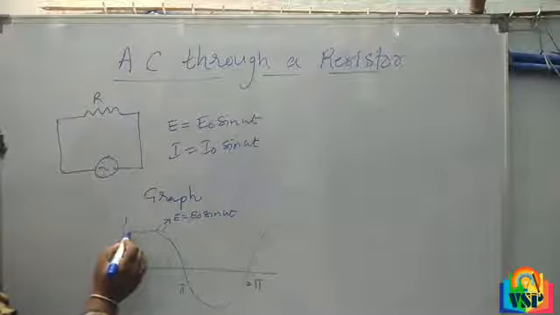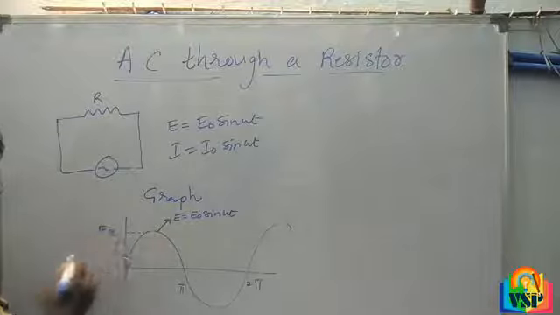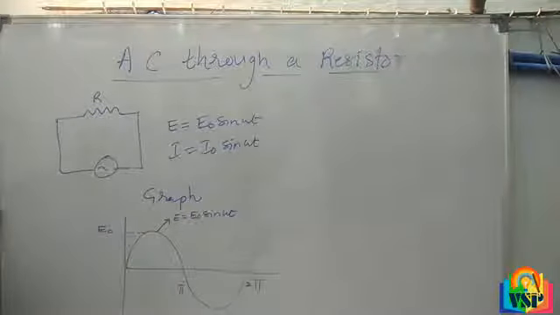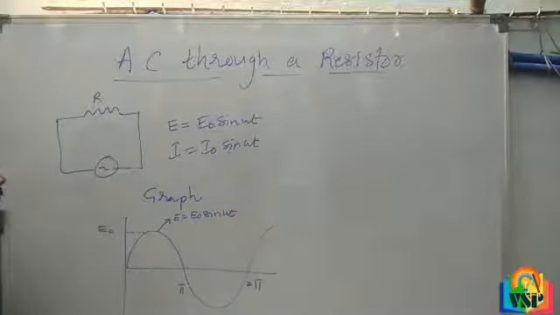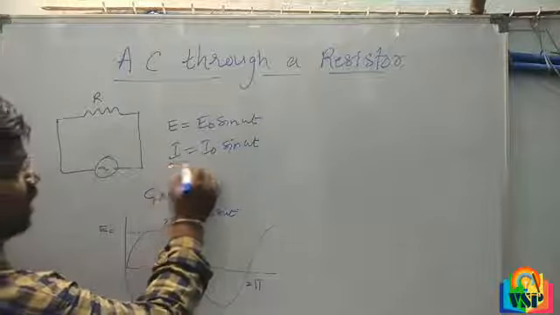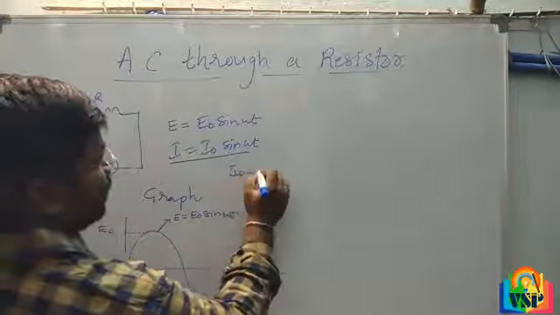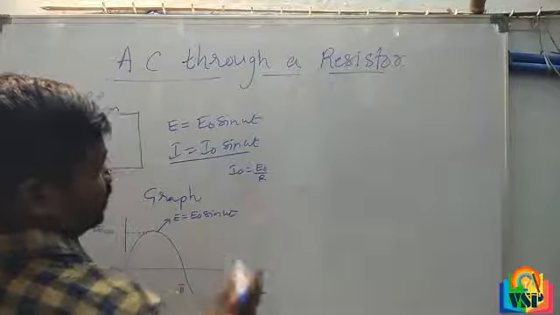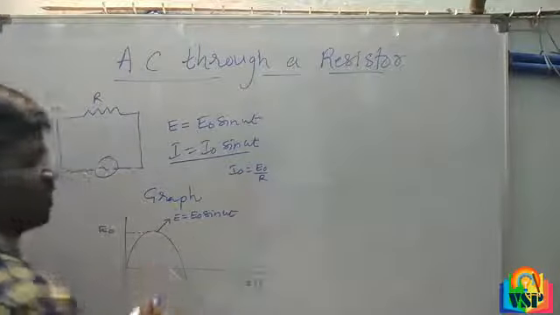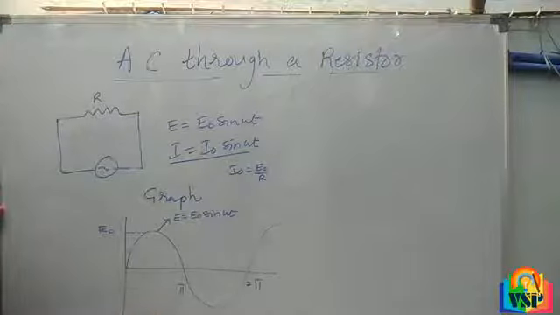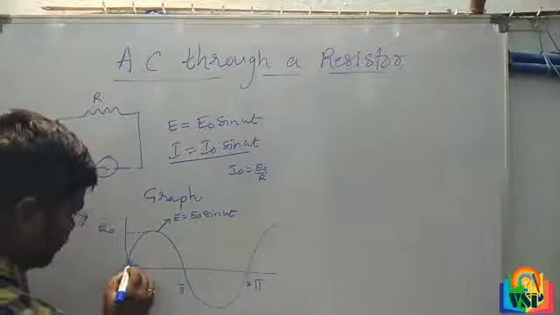Here E naught is the peak value. Now how can we represent current? Because I naught is equal to E naught by R, the I naught curve is less than the E naught curve, like this.